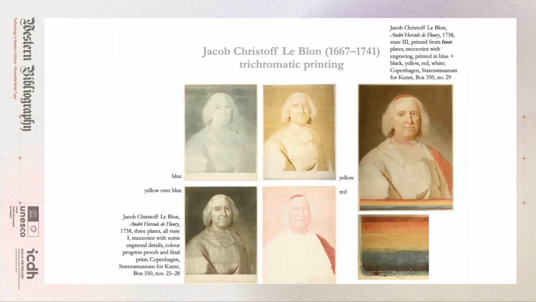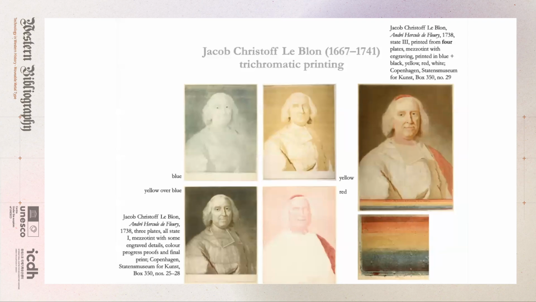Superimposing in register multiple blocks or plates inked in different colors was well known when Jacob Christoph Le Blon introduced a completely new printing technique. He overprinted 3 mezzotint plates inked with transparent inks in the primary colors blue, yellow, and red in this order on white paper. This is called trichromatic printing, after the 3 colors.